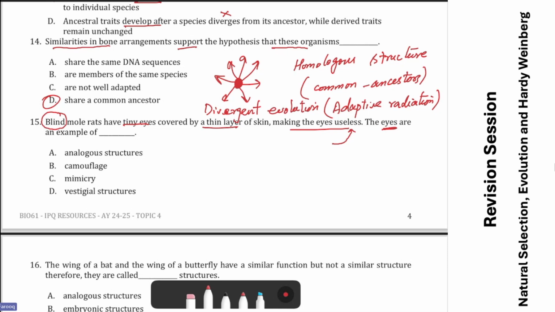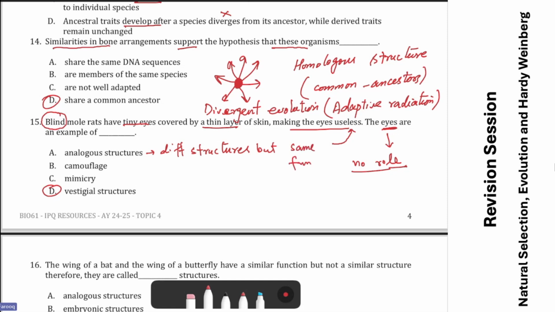So it means that the eyes have no role. Or maybe they were functional in ancestors, but now they have no role. It means that they turned into what? Vestigial structures.